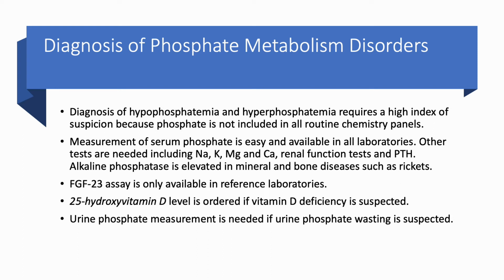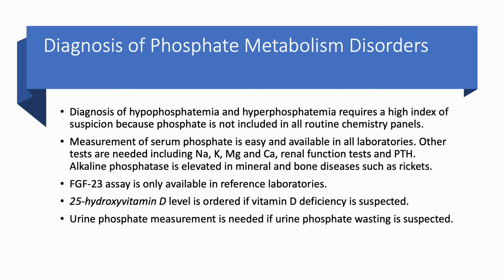How do we diagnose hypophosphatemia and hyperphosphatemia? Well, we need a high index of suspicion because when you order a regular chemistry panel, phosphate is not there. If you suspect it, you can order it and any lab will do it for you. To establish the diagnosis, usually you need to order sodium, potassium, magnesium, calcium, BUN, and creatinine, probably PTH and 25-hydroxyvitamin D level.